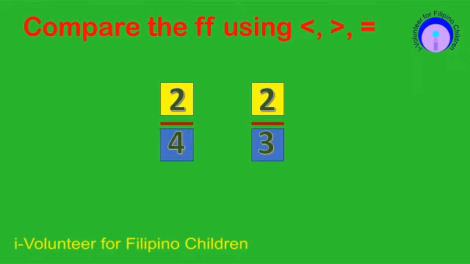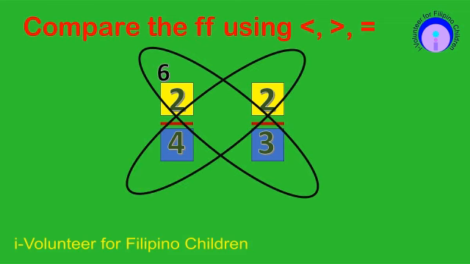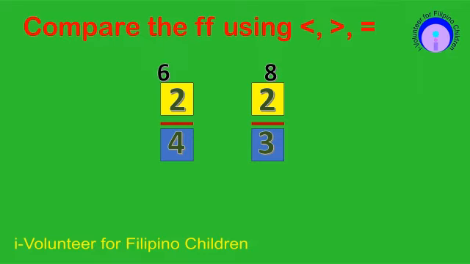Now, let's compare 2/4 against 2/3. 3 times 2 equals 6. 4 times 2 equals 8. Let's compare. 6 is less than 8. Therefore, 2/4 is less than 2/3.